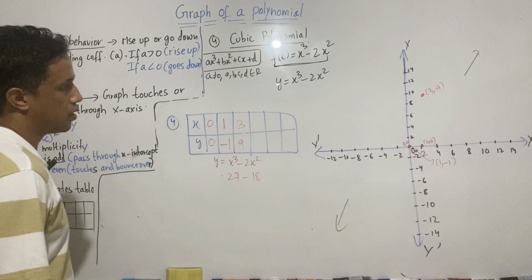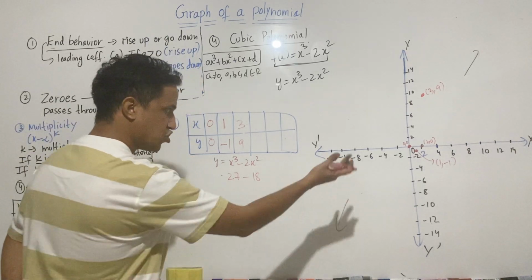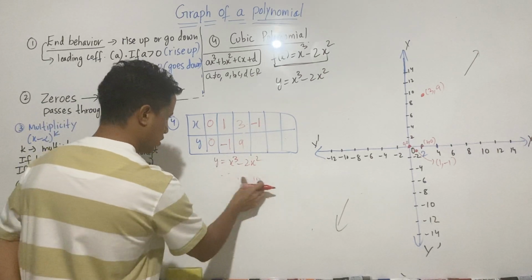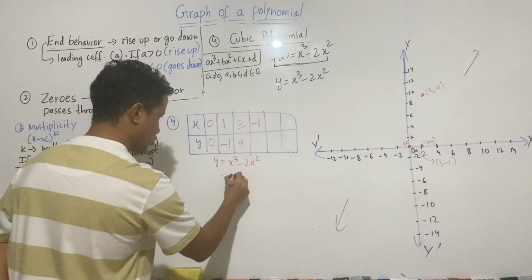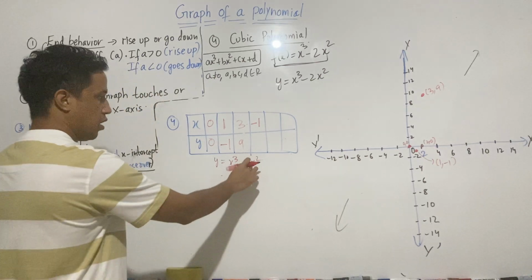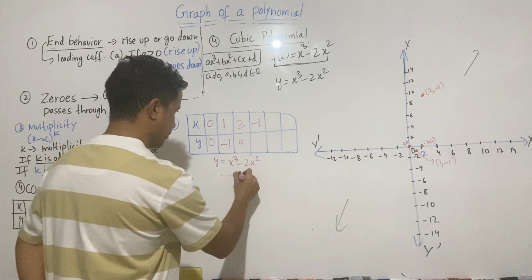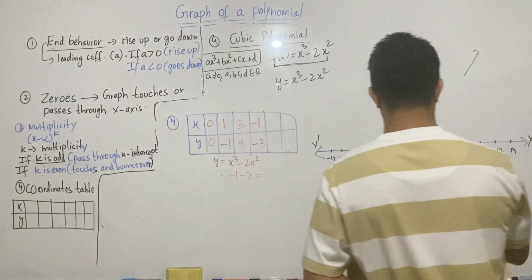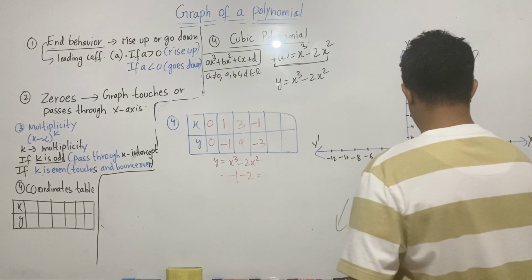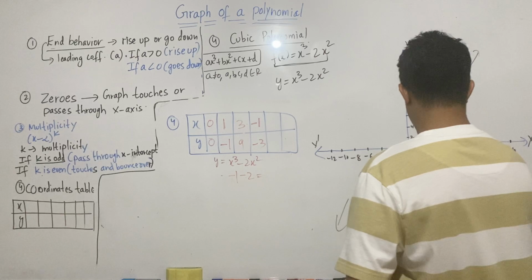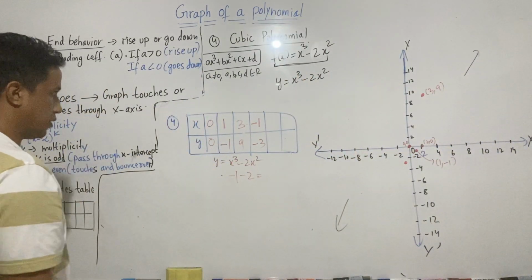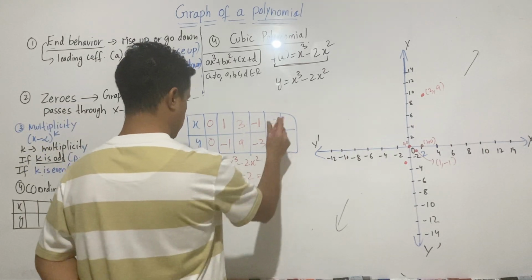All right. Then let's check the other side, minus 1. Minus 1 cubed is minus 1. Then minus 1 squared is 1, then minus 2, this is minus 3. So minus 1, minus 3, this point. Then check for minus 2.